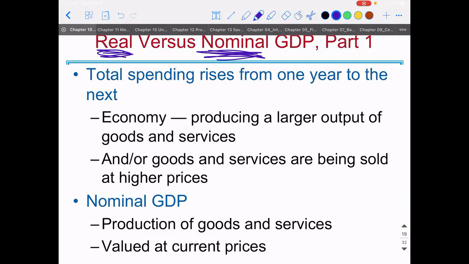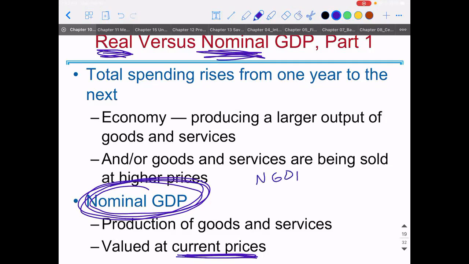So if we're looking at things nominally, we're going to look at what their current prices are. So nominal GDP in year 1 is simply going to be the price in year 1 times the amount sold in year 1. Nominal GDP in year 2 is going to be price in year 2 times quantity in year 2.